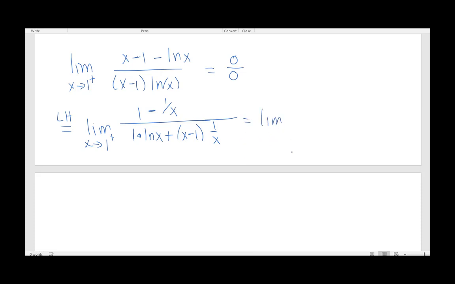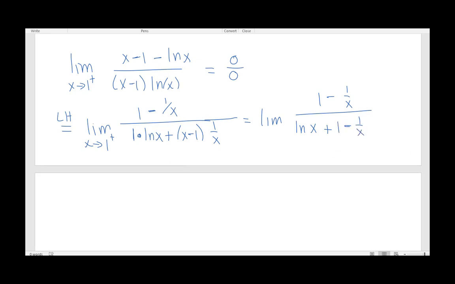All right, now, a little bit of algebra cleanup here. So first of all, I think what I'm going to do in this case is distribute the 1 over x here. So I have 1 minus 1 over x, and then I have ln of x plus, if I distribute the 1 over x, this becomes 1 minus 1 over x.